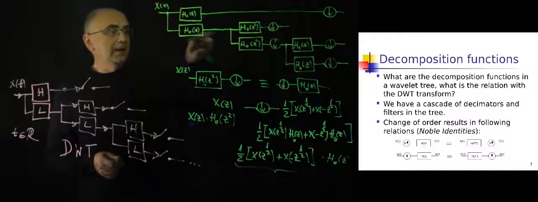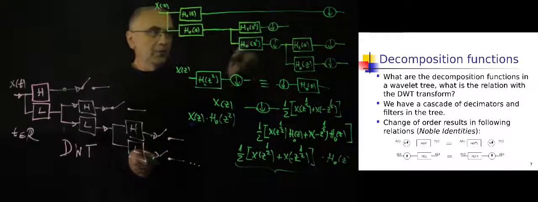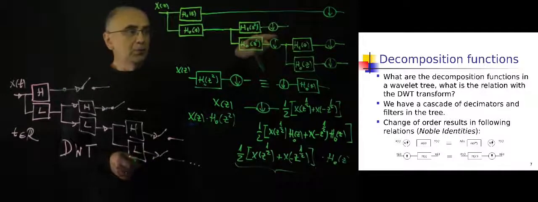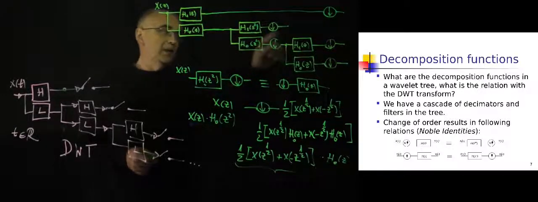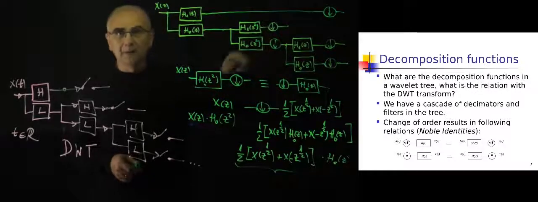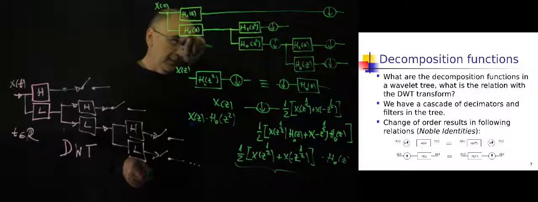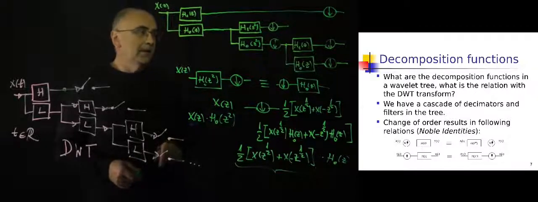How do I know that I moved it? Right now the decimator is applied to the output side. We can say that we have a cascade of two decimators, one that was here before and now the one that passed through the linear system.